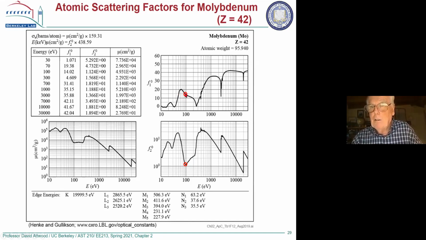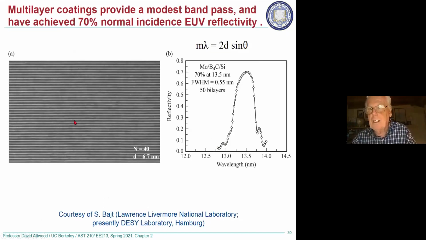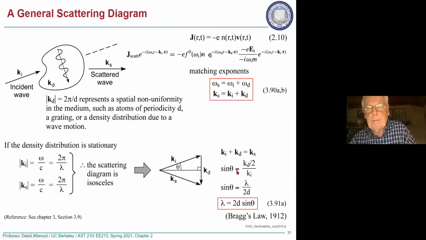But there are outer electrons which aren't absorbing, but they can scatter. And so the combination is what made this moly-silicon multilayer capable of happening and getting such a high reflectivity. And this is the one that was used for the EUV lithography.